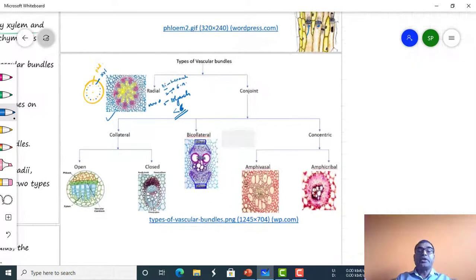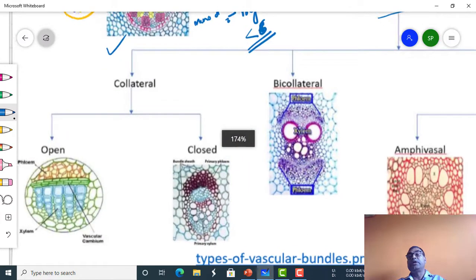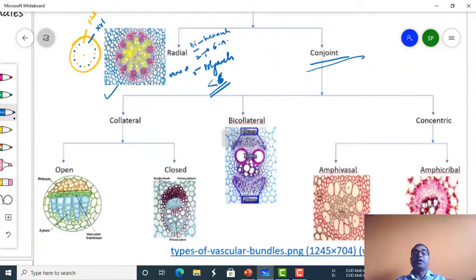Okay, and the second one is the conjoint type of bundle. What is conjoint type of bundle? When xylem and phloem are together present, then it forms the conjoint bundle. Okay, and it forms two types. One is collateral and another one is bicollateral.